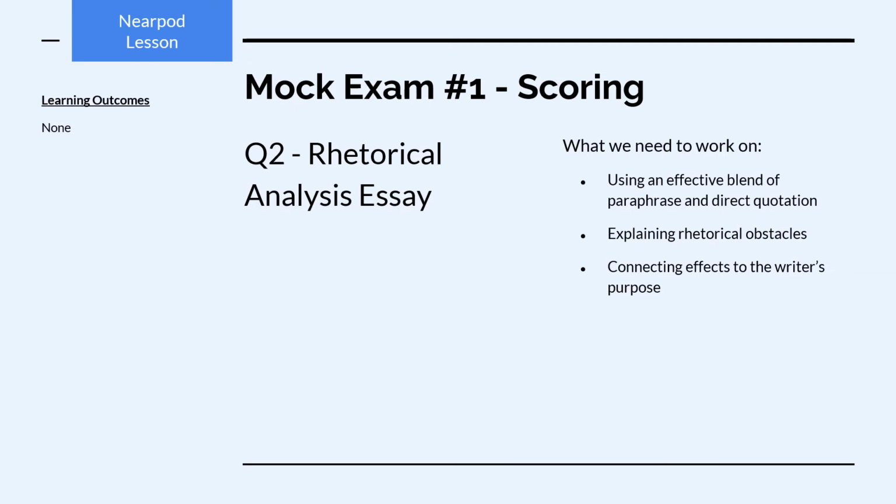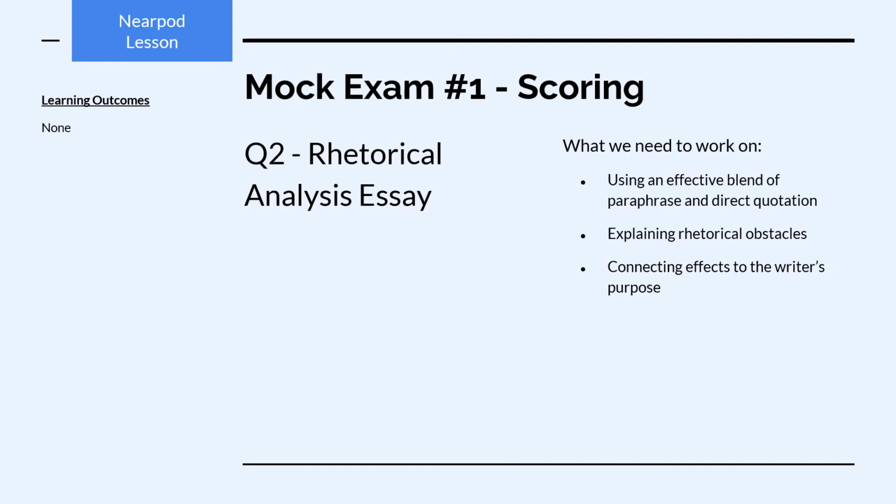What ends up happening is you pull a quotation that's 50, 100 words long, and you refer to bits and pieces of it, but you don't say which bits and pieces you're referring to. You just expect the reader to know what you're talking about. That's a really clumsy way of performing analysis. So once again, make sure that you're only directly quoting those words and phrases that are important, and you paraphrase everything else.